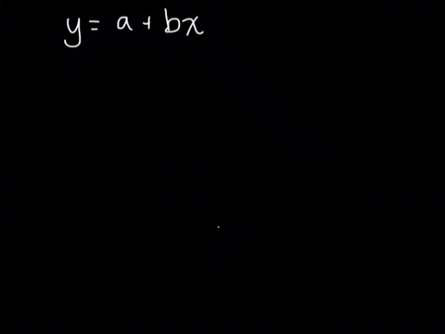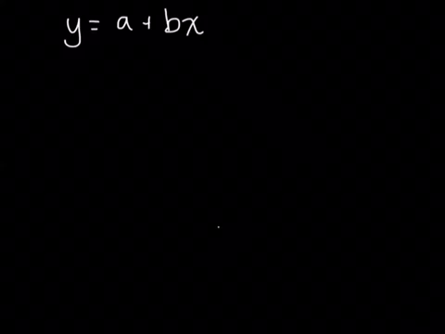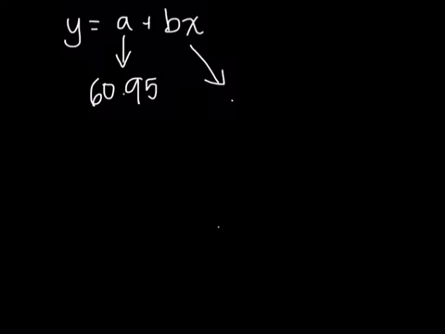So the equation that corresponds with this data is y equals a plus bx, and a is the mean of the data, which is 60.95, and bx is the rate at which it changes, which I found is 0.0032.